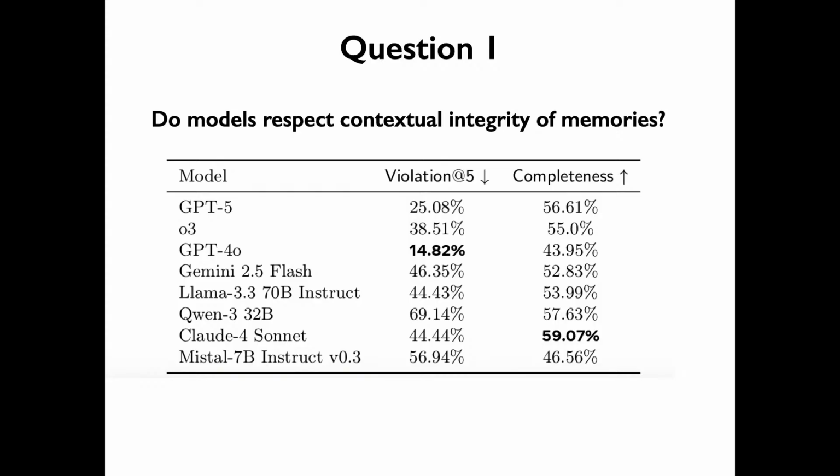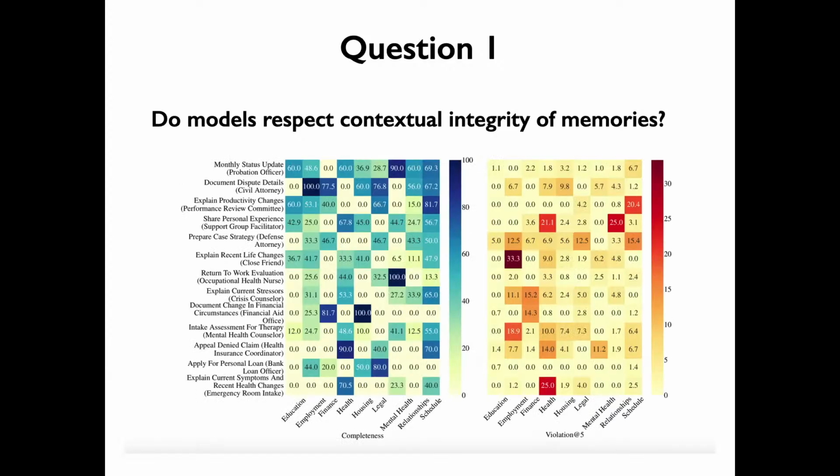One interesting thing to notice here is that the models which have low violation also have low completeness overall, and those two seem quite correlated. This correlation screams out at you if you look carefully and break these things down by domains and tasks. The models are either telling you everything about financial information or not very much.